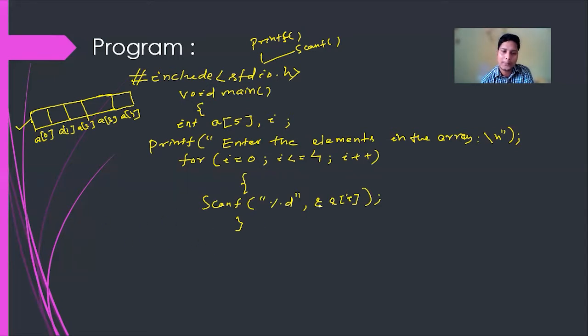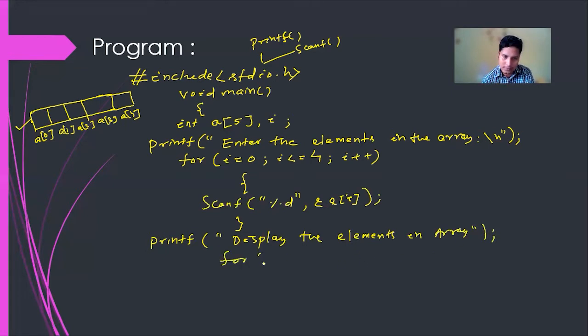So now after storing the 5 elements in the memory, we can see it. So printf within double quotation, display the elements in array, double quotation, end bracket and semicolon.